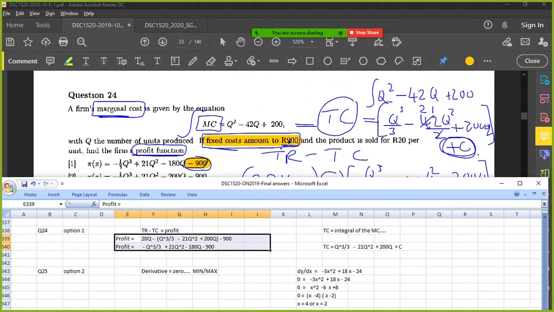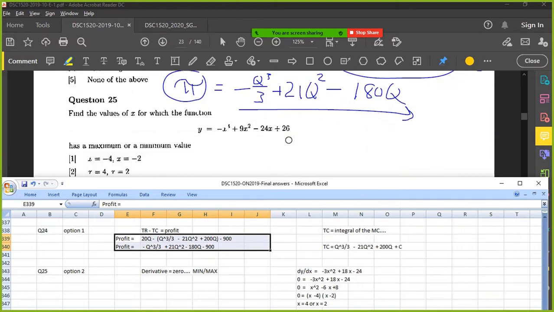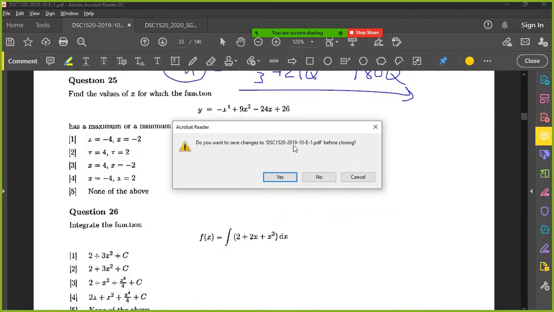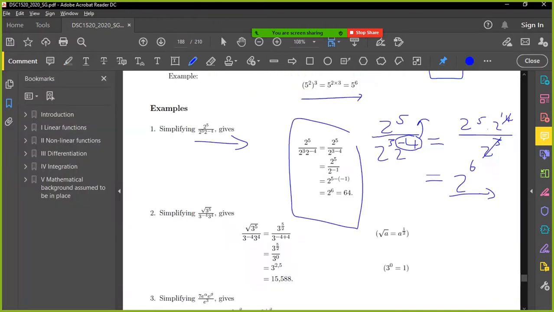All right. More? Which ones? So then moving over to the next exam, the June 2019. Okay, new exam. Let's close this. May, June 2019. So the first one is question 10.